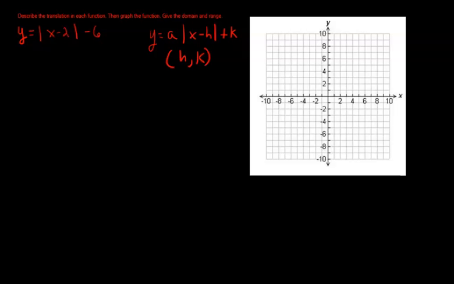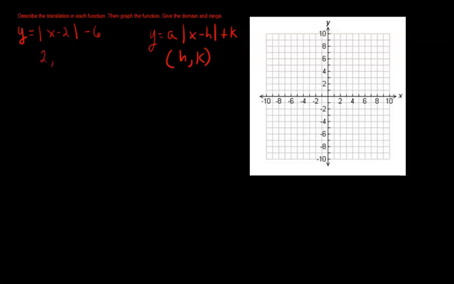So in ours here, there is no value for a, right? That means it's 1, because 1 times the absolute value of x minus 2 would be the absolute value of x minus 2. The h value, since we have x minus 2, and in our general formula it's x minus h, all that we've done is put a 2 in its place.